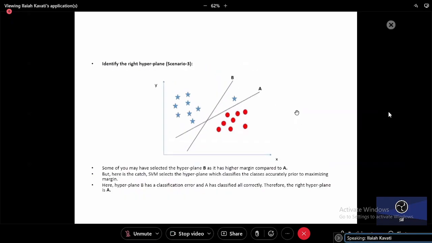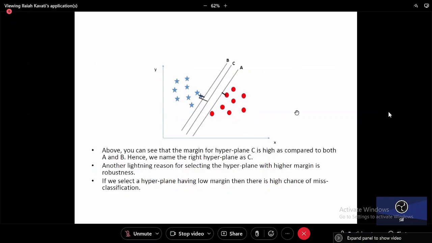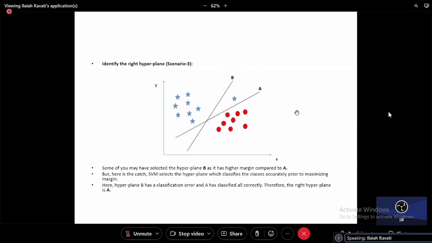Right. Now the next scenario is again A and B. Two hyperplanes are there, but which one is best? A is best, even though B has the maximum margin, whatever we saw in the previous scenario. But in this case, B leads to misclassification.